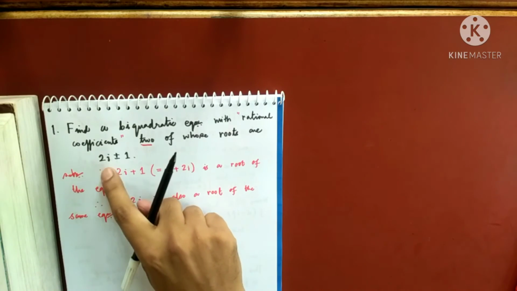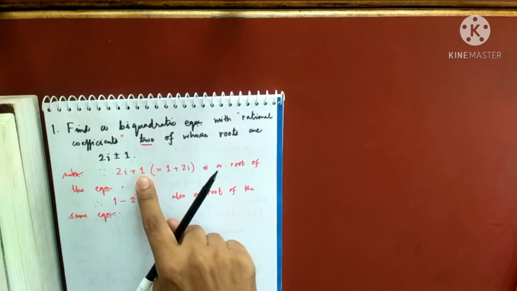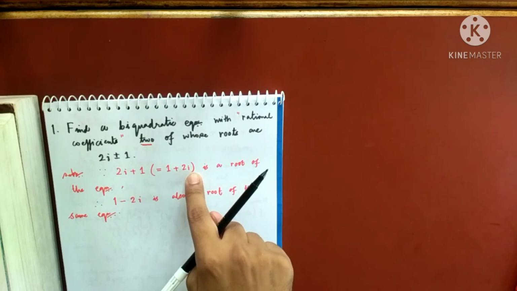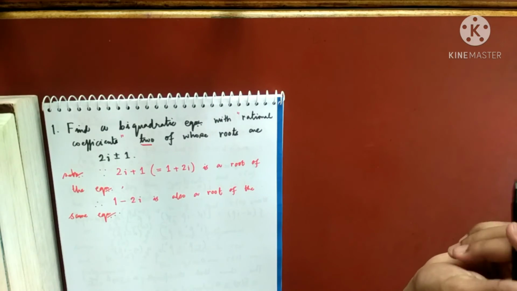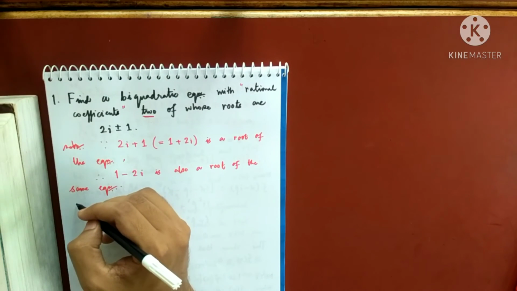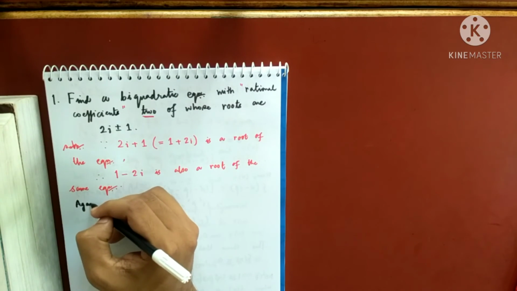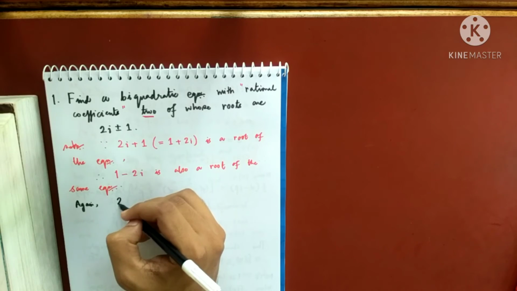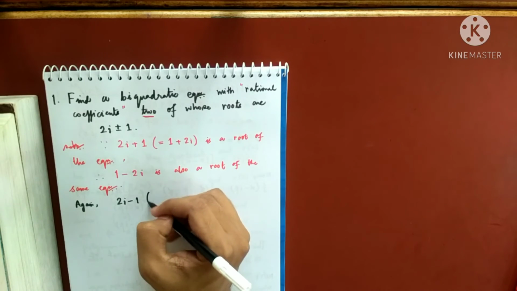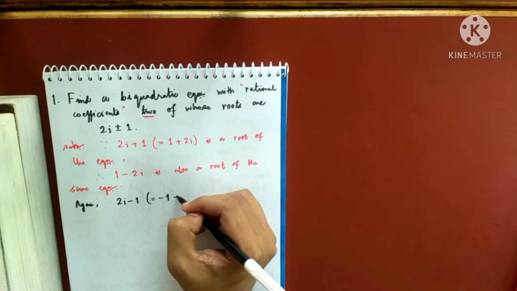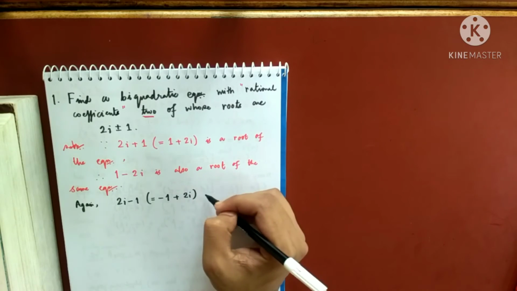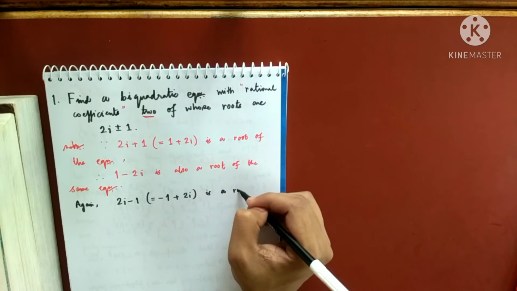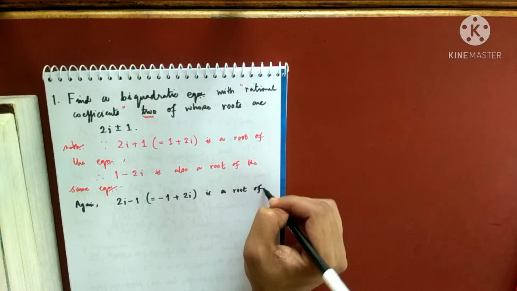So, the first root is 2i plus 1. I am writing this as 1 plus 2i. And because this is a root, 1 minus 2i is also a root. And again, what is the other root? Another root is 2i minus 1, which can be written as minus 1 plus 2i, is a root of the equation.